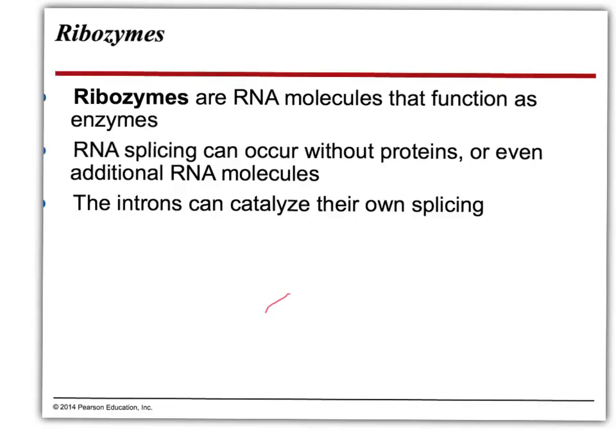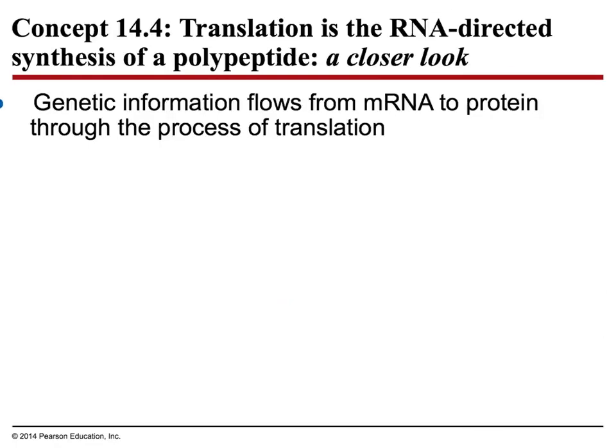That is a ribozyme, an RNA molecule that functions as an enzyme. And in this way, those small RNAs that make up the spliceosome, the introns basically, catalyze their own splicing. So junk DNA will basically cut itself out of the coding sequence. Pretty cool, huh?